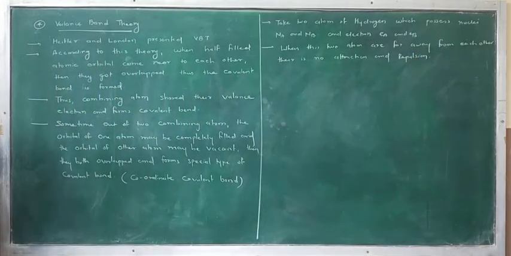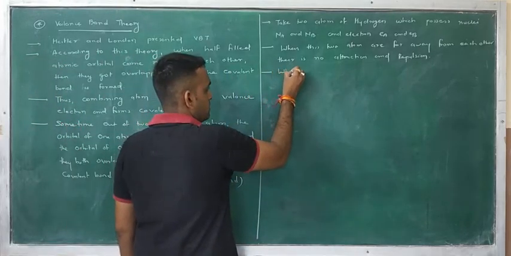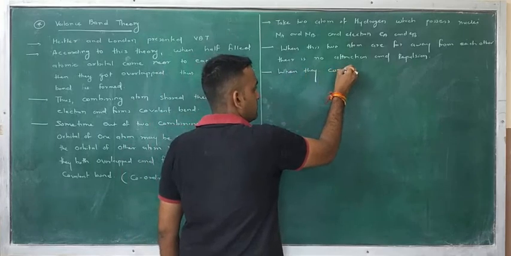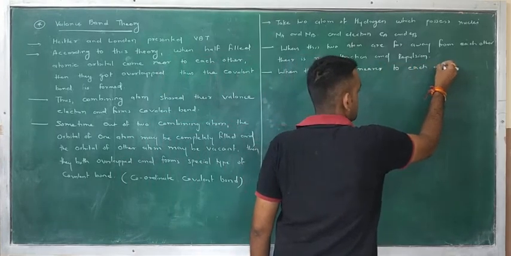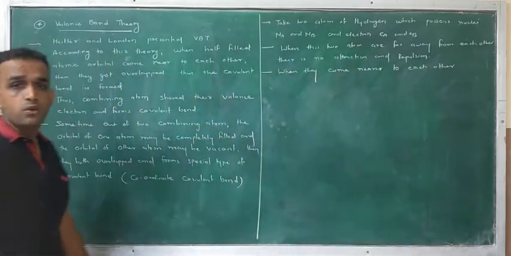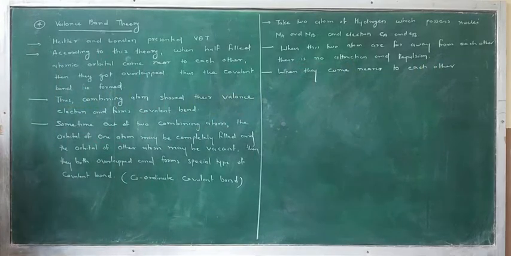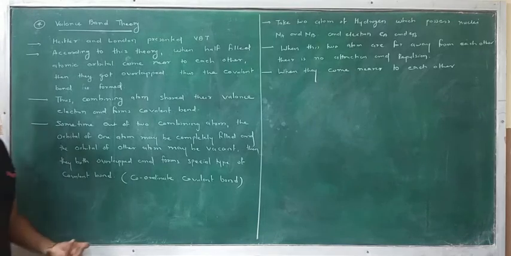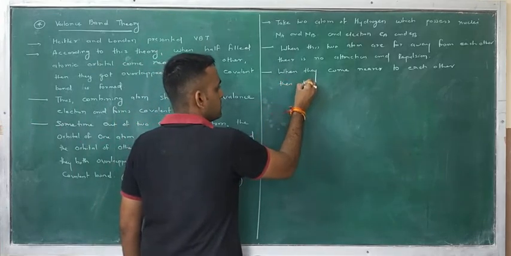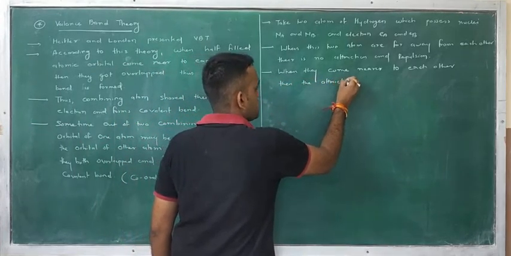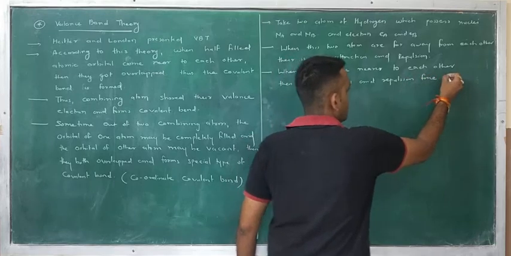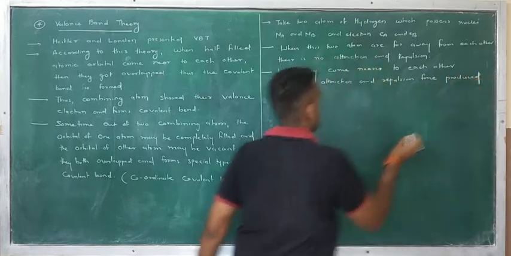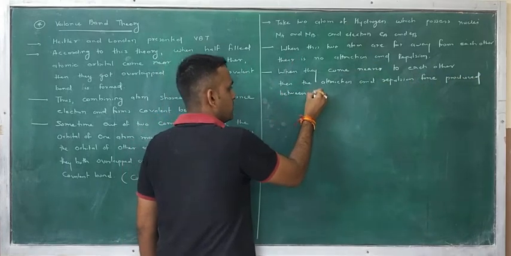But when they come nearer to each other, what happens? क्या होगा कि जब वो एक दूसरे के नजदीक आएंगे, then the attractive and the repulsive forces are produced between them, right?